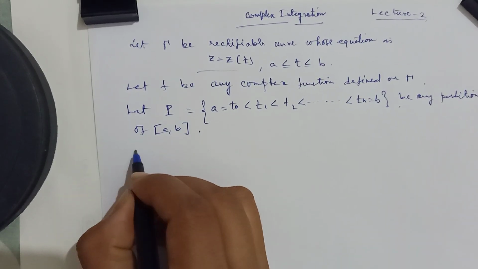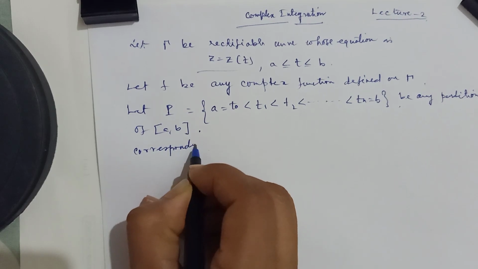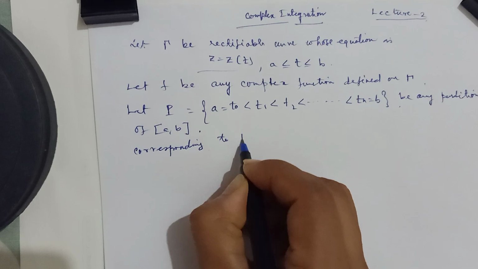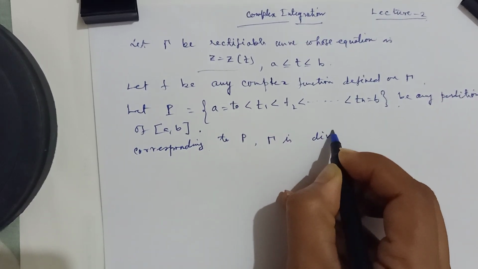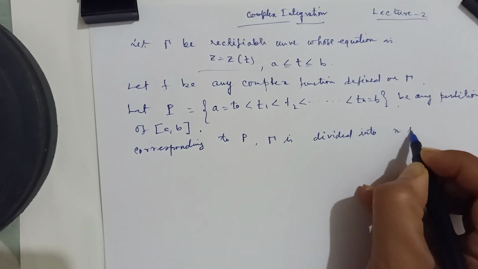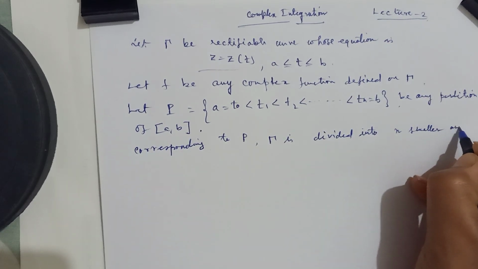Now corresponding to the partition P, gamma is divided into n smaller arcs.